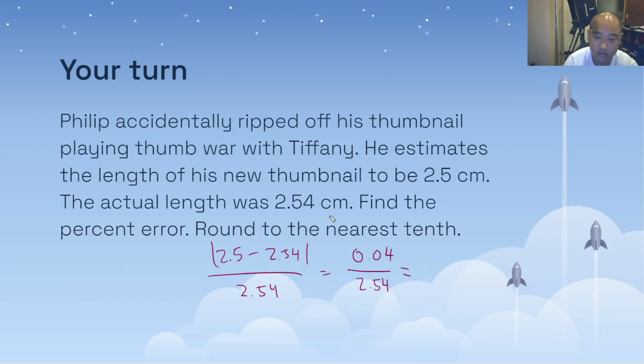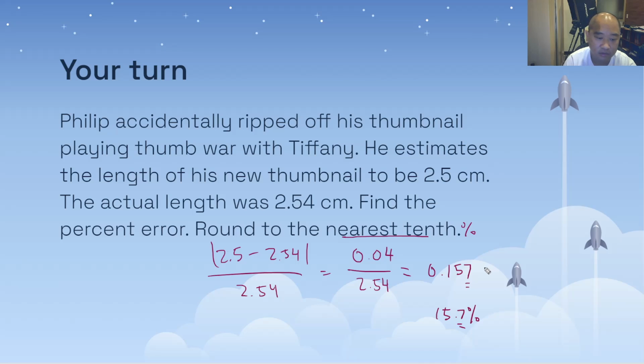So that's 0.157. We only need to go 3 places past the decimal point because we're rounding to the nearest tenth of a percent. So this is going to be 15.7%.